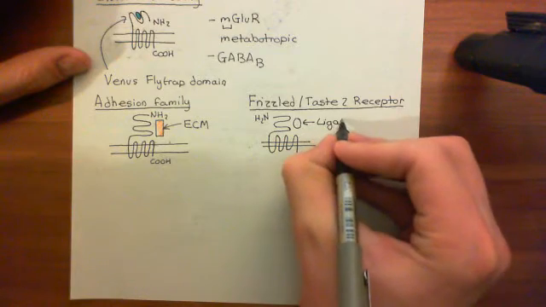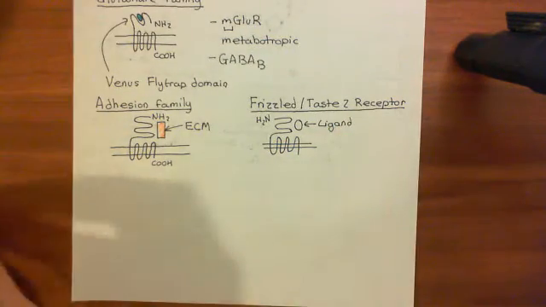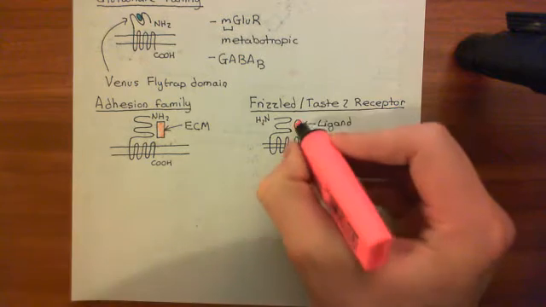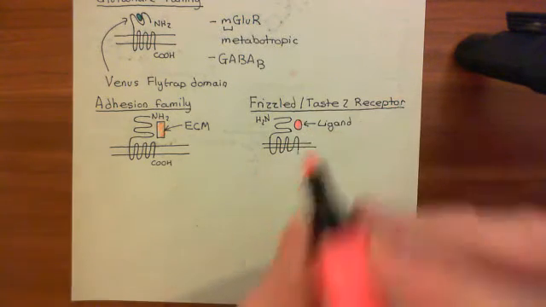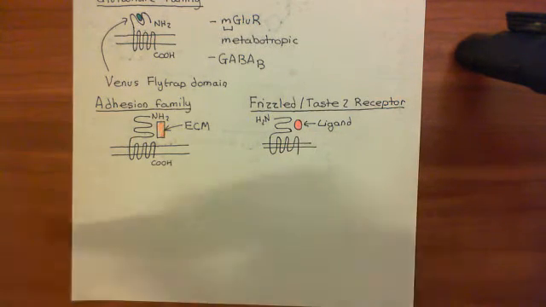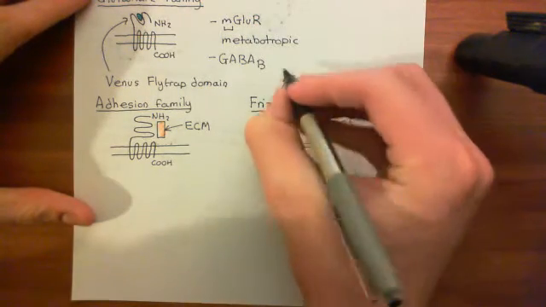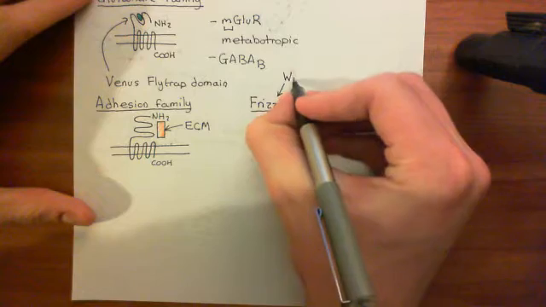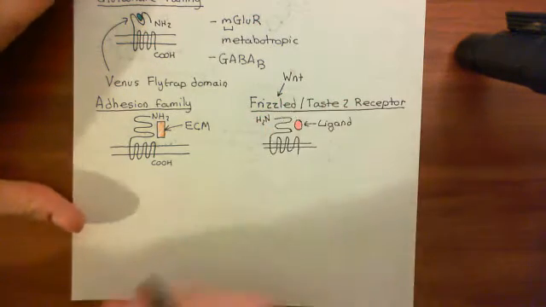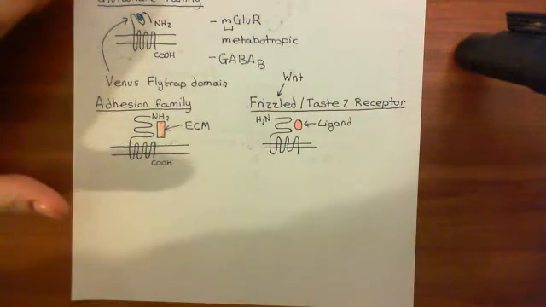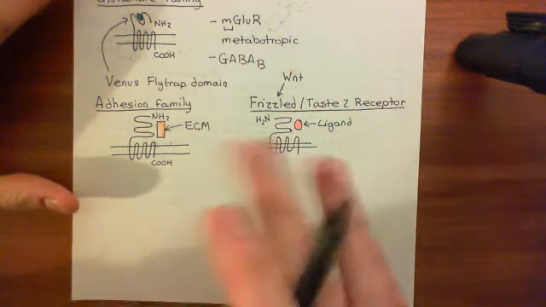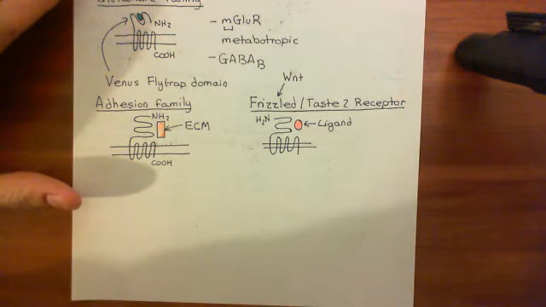And this family is named after the two most famous members of it, which are the frizzled receptor and the taste2 receptor. Frizzled is part of the Wnt beta-catenin pathway, and its ligand is Wnt. Now it also has a co-receptor which is with it and which responds to Wnt.